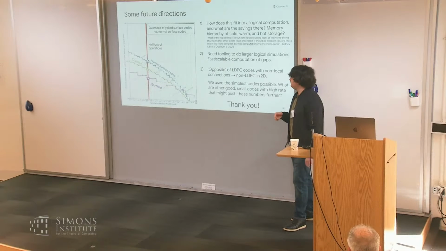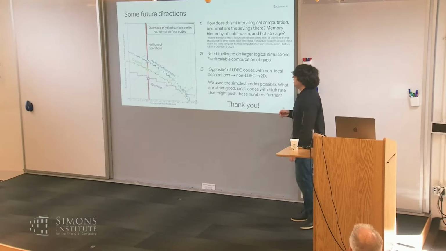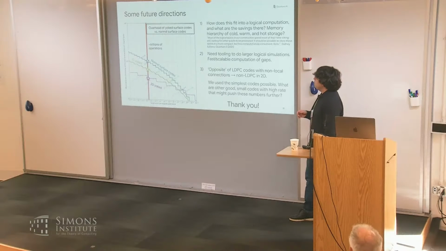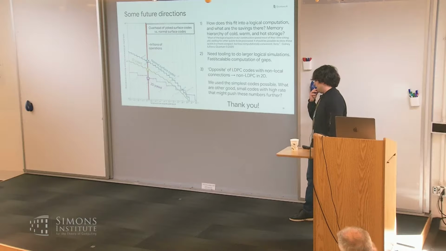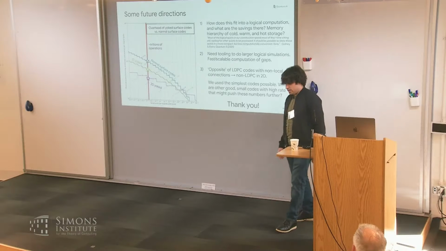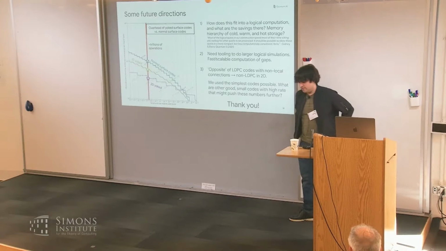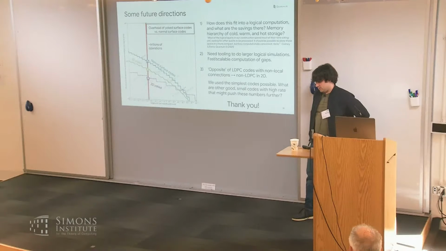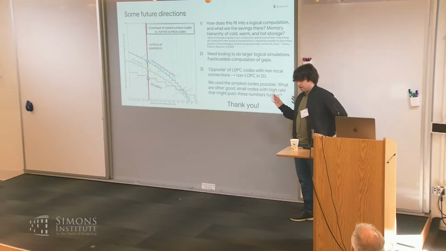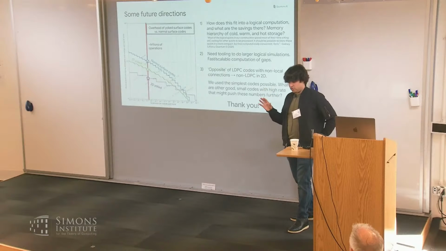Oh, I see. So what this graph is saying is that if I want to preserve some number of logical qubit rounds, this is the number of qubits that I require.